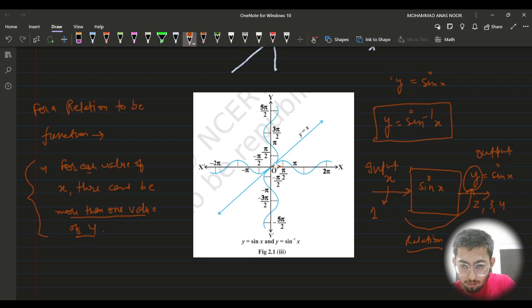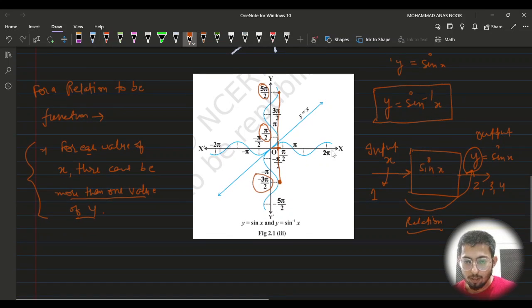But here, if you take this value of x, you are getting the same value of y at this point and here as well, right? So minus 3 pi by 2, pi by 2, and 5 pi by 2.